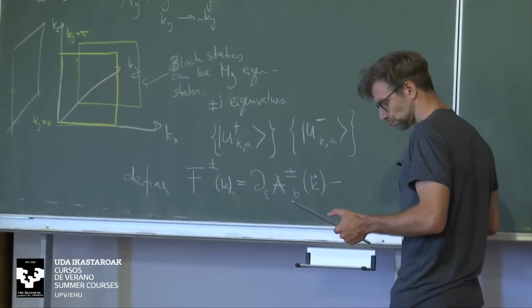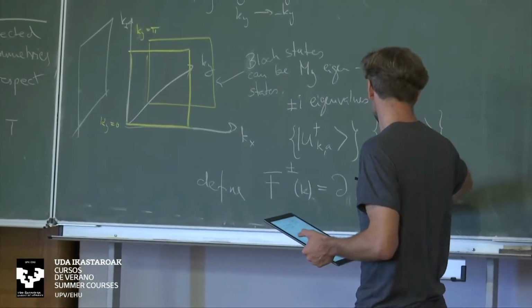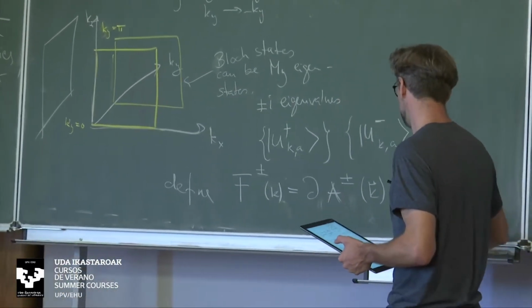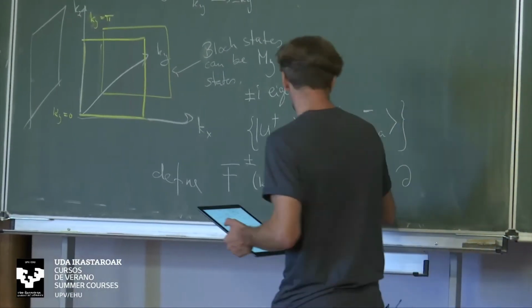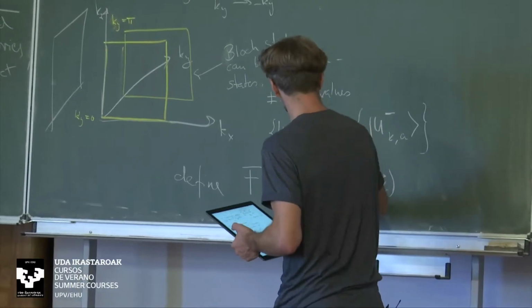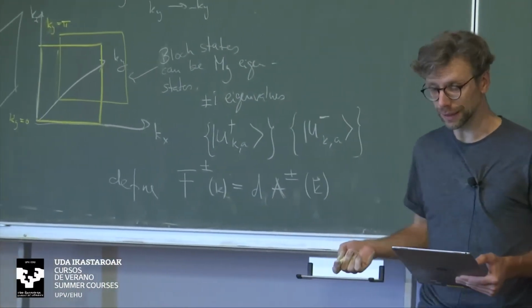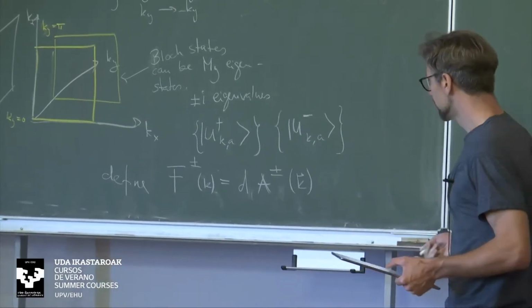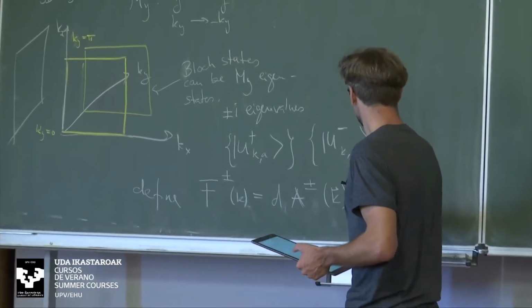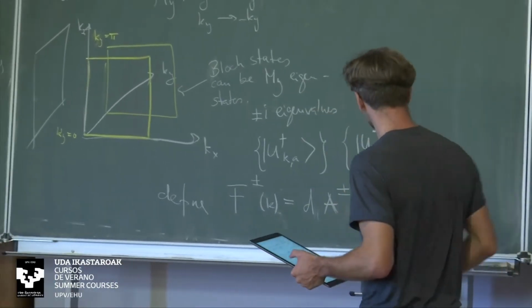Right. Okay, so what I want to say is that I can define, I'll just write it schematically, the Berry curvature now for each subspace separately. And for that reason, I can also define a Chern number on these planes.